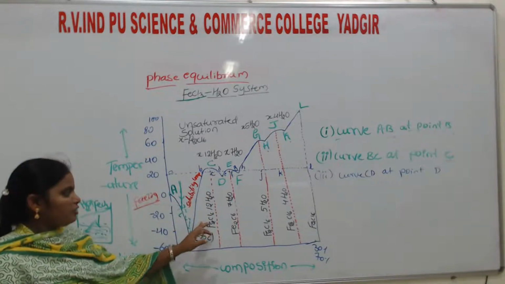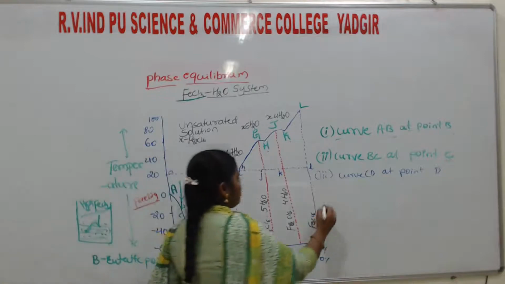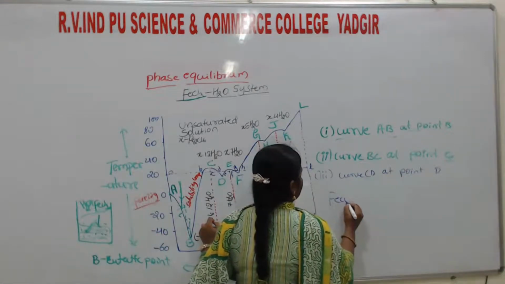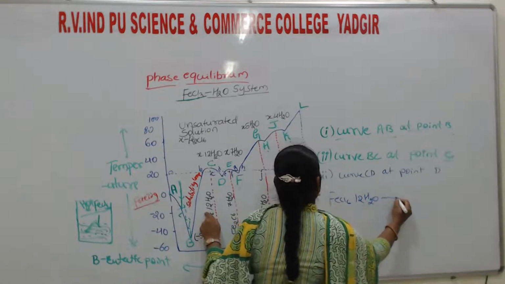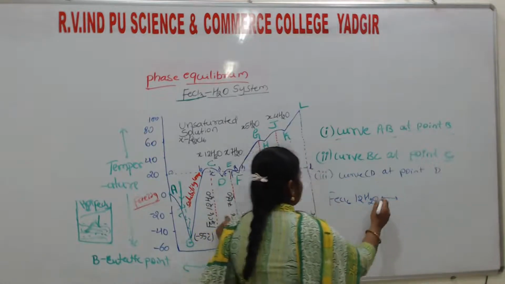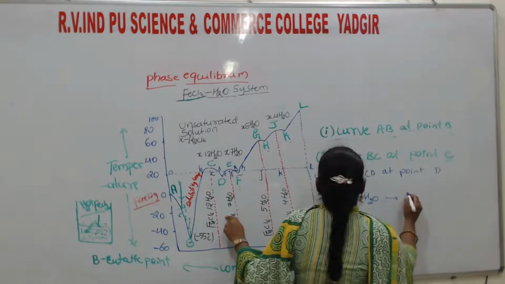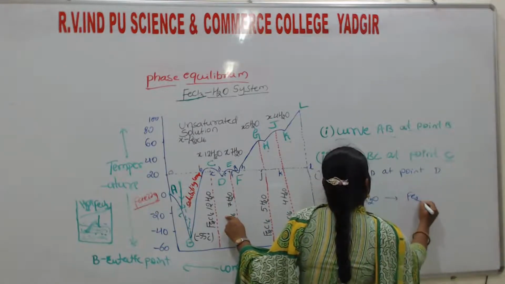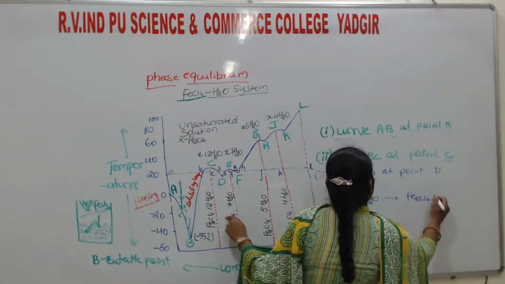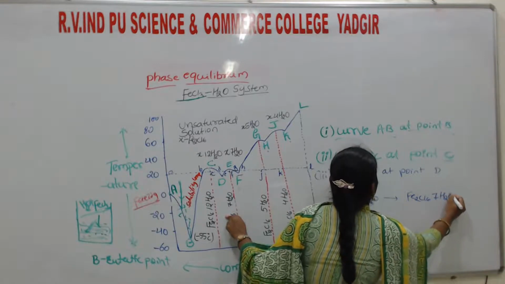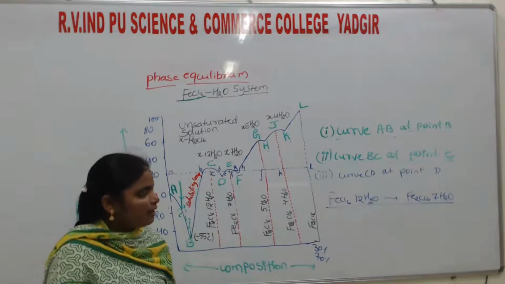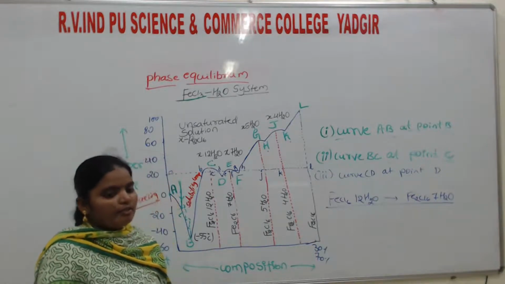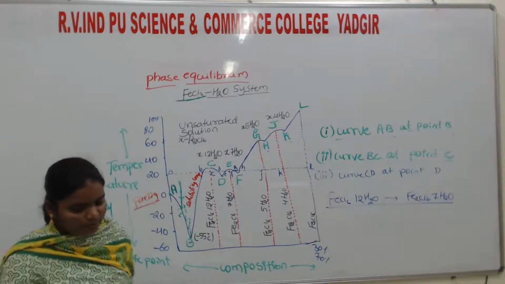I choose the transition, the conversion here, of Fe2Cl6·12H2O to Fe2Cl6·7H2O. Because the transition takes place, the ferric dodecahydrate changes to ferric hexahydrate.